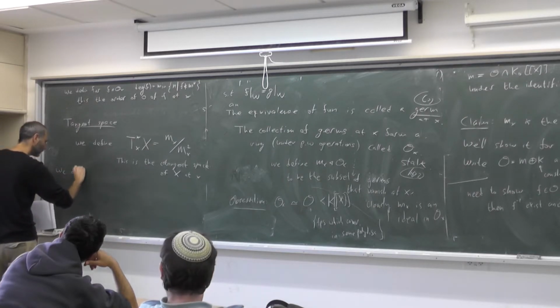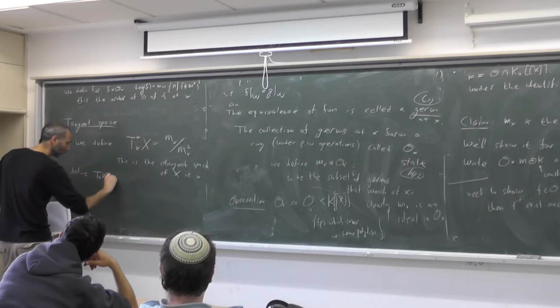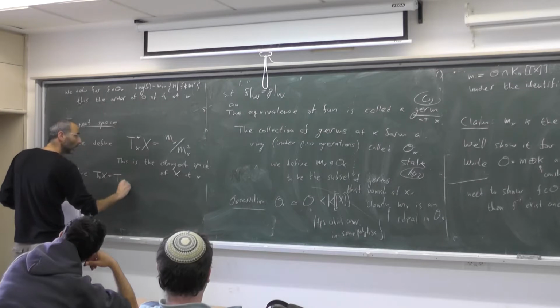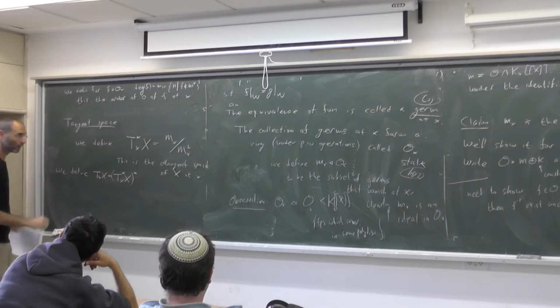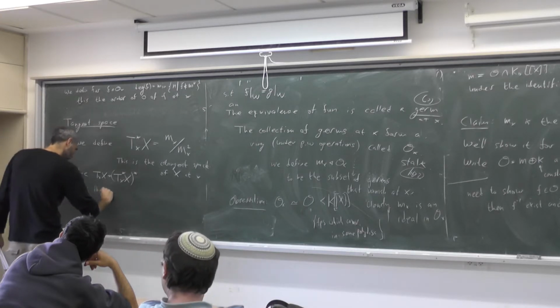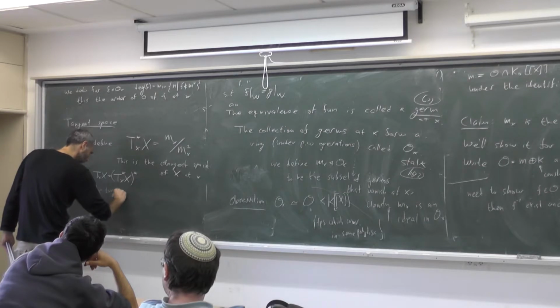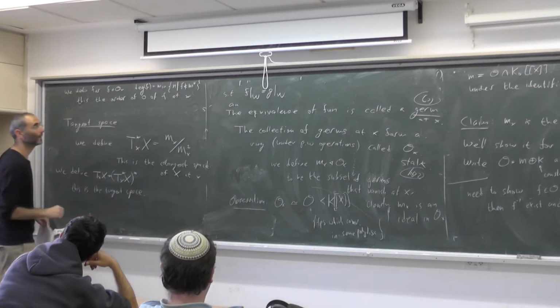We define the tangent space Tx to be the dual of the cotangent space of X at x.